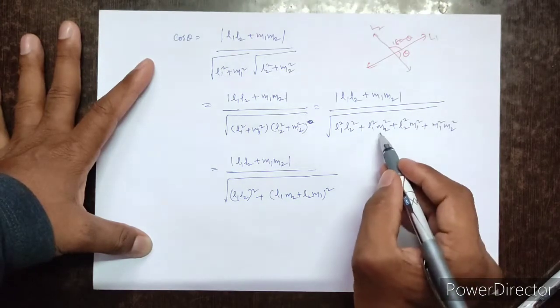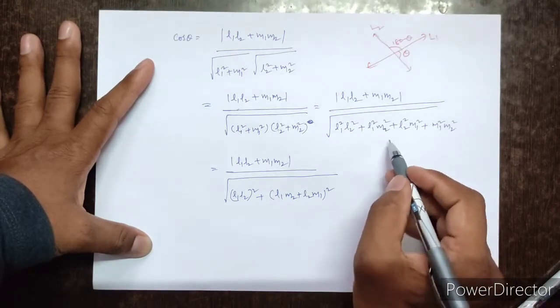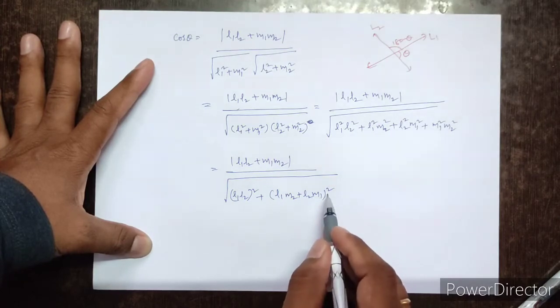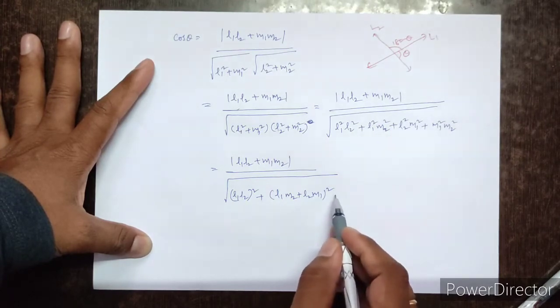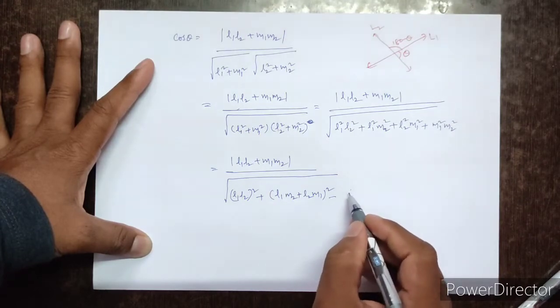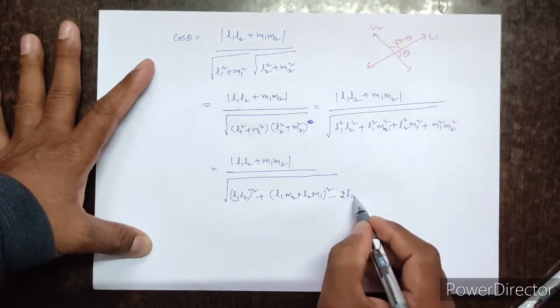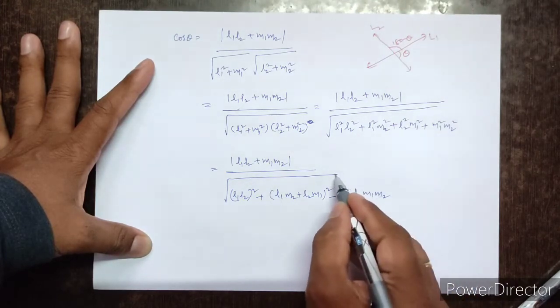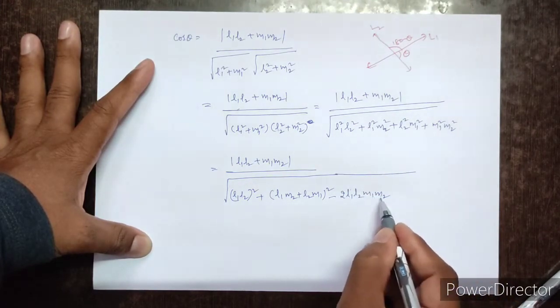So this is a square plus b square. Here a plus b whole square means a square plus b square plus 2ab, so we subtract 2ab, that is minus 2 L1 L2 m1 m2, that is 2 L1 m2 L2 m1.